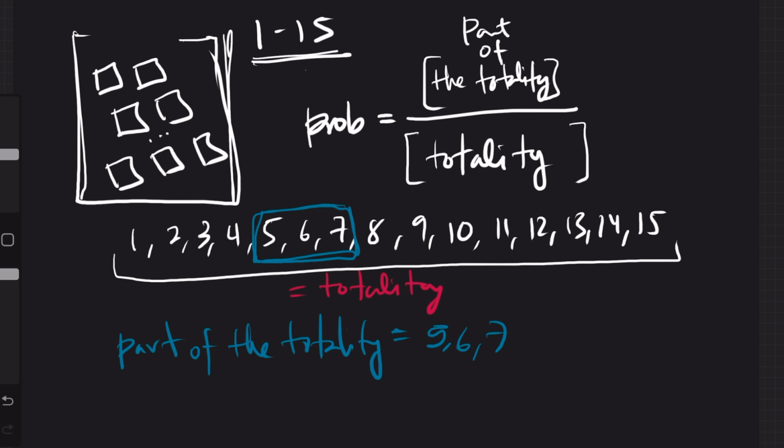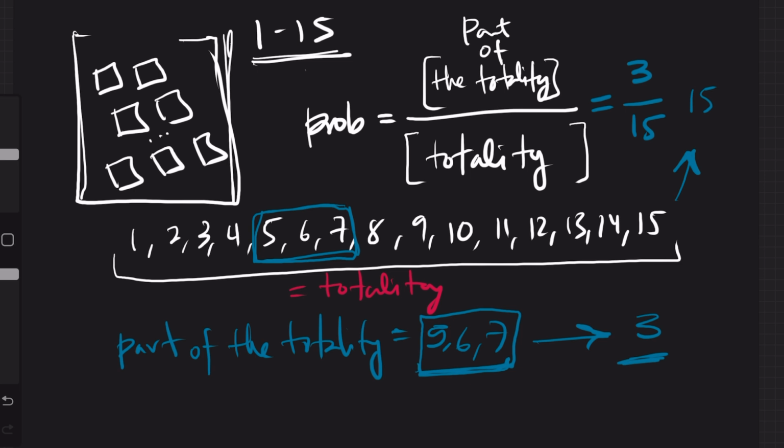In this case, the number of events where the piece of paper has one of these numbers is only 3, but the total number of events is 15. That's why we would get 3 divided by 15. That would be the probability of getting 5, 6, or 7.